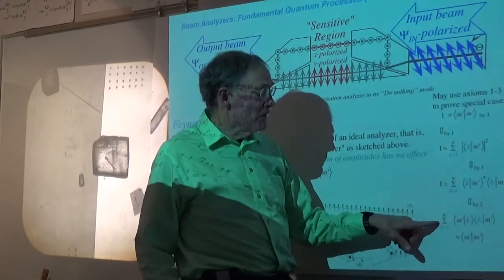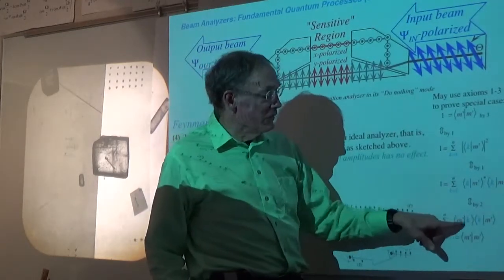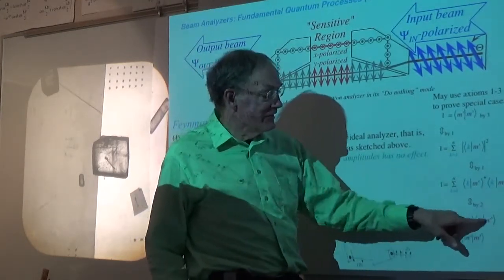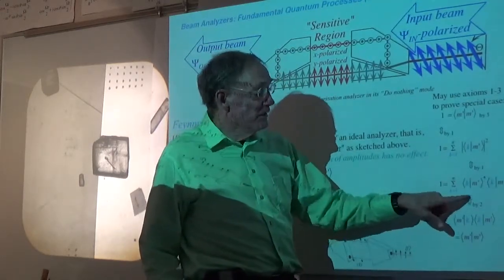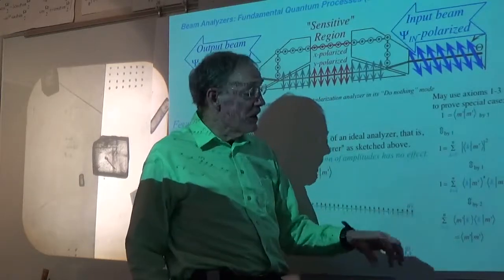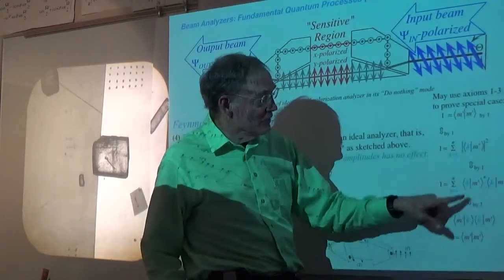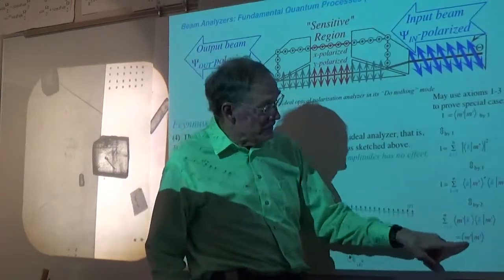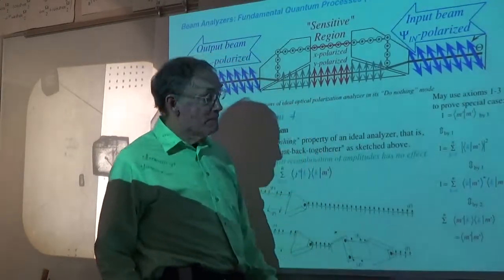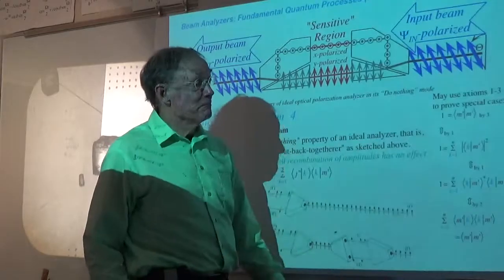What it's telling you is if I sum over all of the probabilities, I should get that. This should be 1, and then by the second axiom, which is time reversal, this becomes that, you see, and then this axiom says, yeah, that should just be M prime, which is 1.